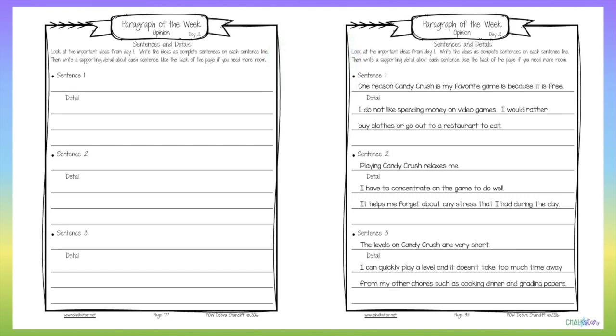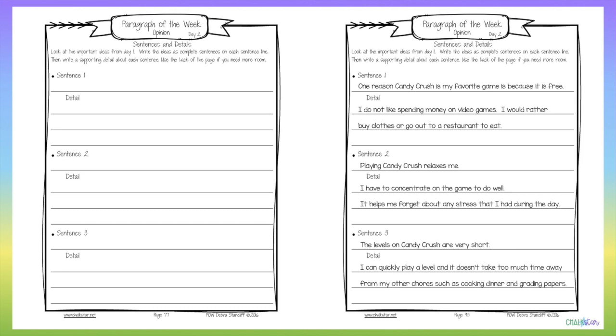So the first important idea with the number 1 beside it goes on to the day 2 page where it says sentence number 1. They take that idea, convert it into a complete sentence, and write it on the top line. Underneath that, they'll write a detail about that first sentence. Then they'll take their second idea, convert it to a complete sentence, and write it on the sentence 2 line.